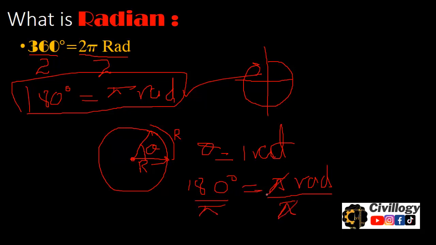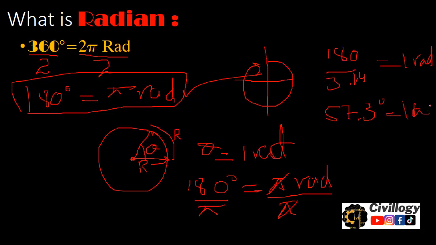This will cancel out this pi, and as the value of pi is 3.14, 180 divided by 3.14 is equal to 1 radian. So it will be equal to 57.3 degrees is equal to 1 radian.